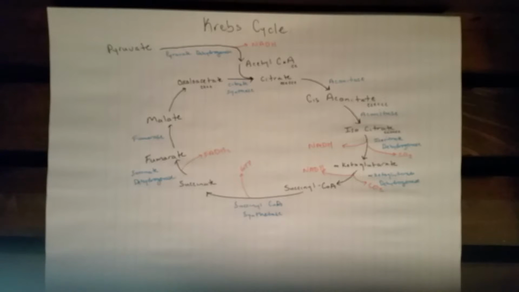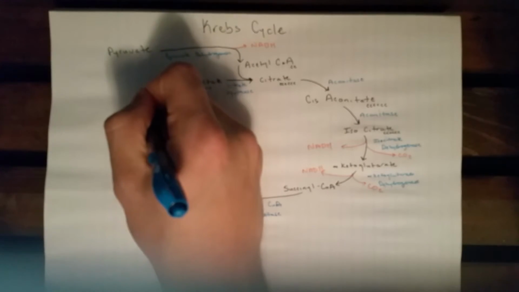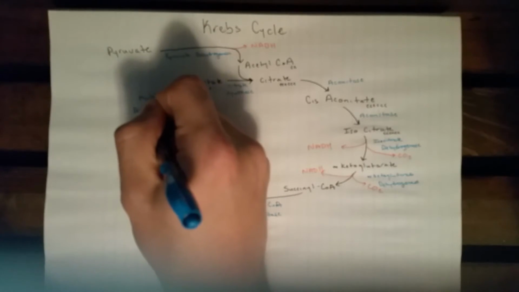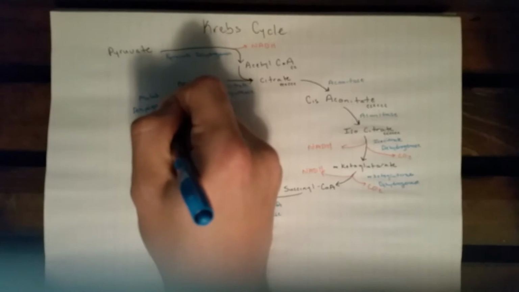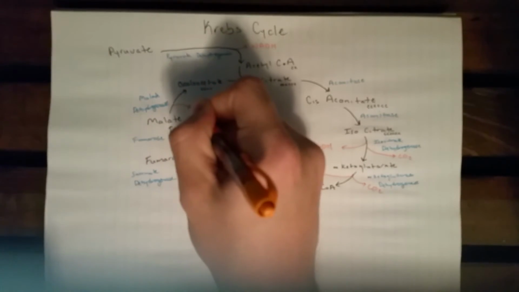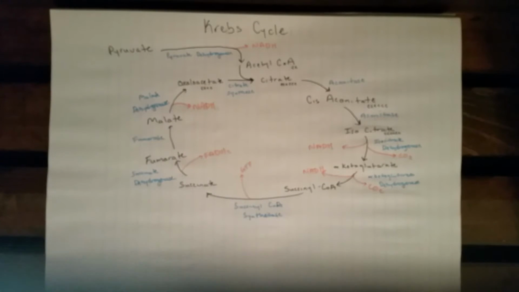Just a change from fumarate to malate, and from malate to oxaloacetate, malate dehydrogenase is used to facilitate that change, and then gained is another NADH.